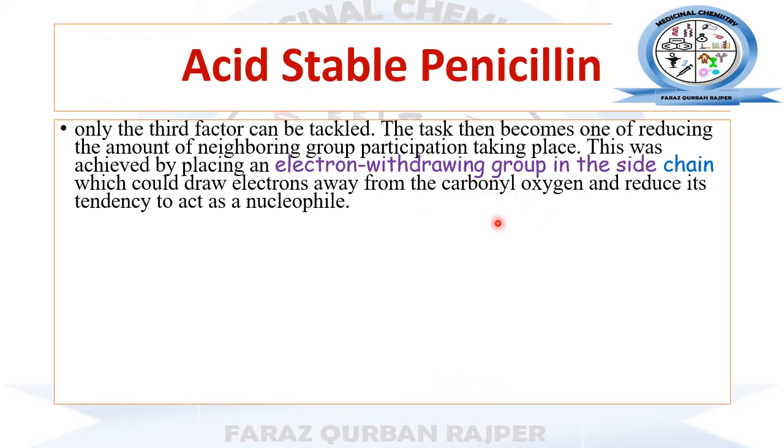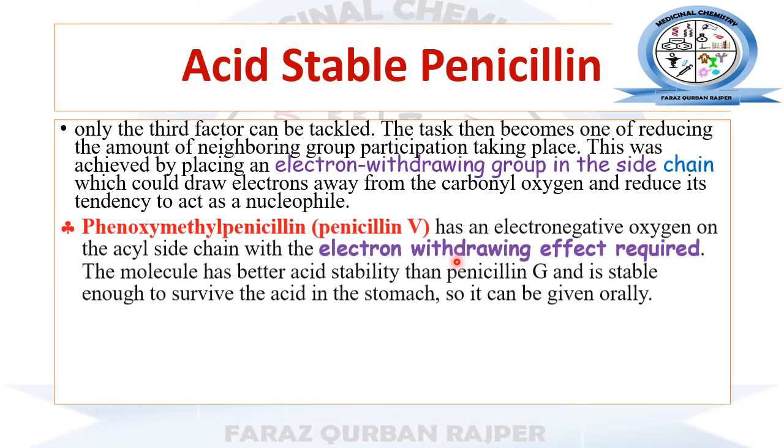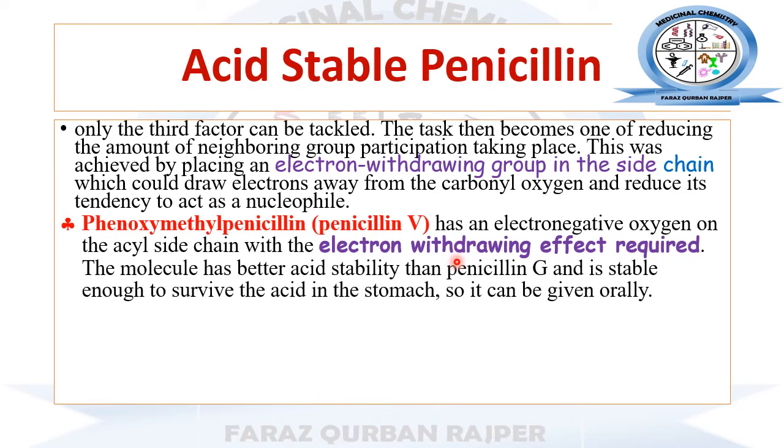So once an electron withdrawing group is introduced in this acyl amino side chain, this carbonyl oxygen will become less effective as a nucleophile because of the withdrawing of electrons by the electron withdrawing group, and ultimately it will not act as a nucleophile.